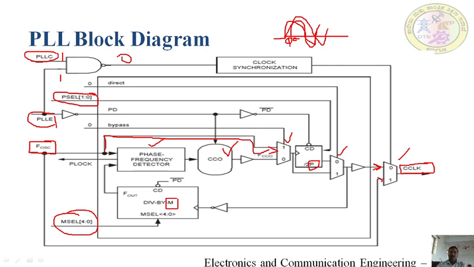Similarly, if you do not want to divide this CCO, then you can use bypass. Here also there is a direct signal, so the output of this CCO can be directly fed into the CCLK. So this is the overall block diagram of PLL, but ultimately we need to understand the PLL is used to maintain the constant frequency.